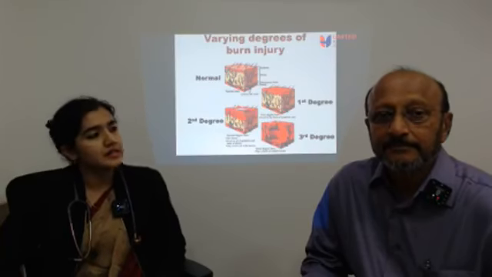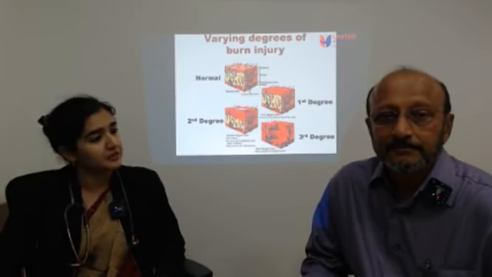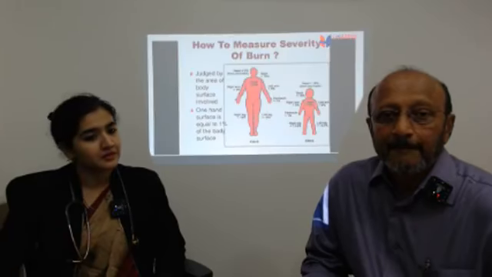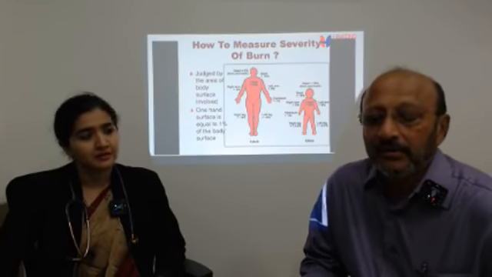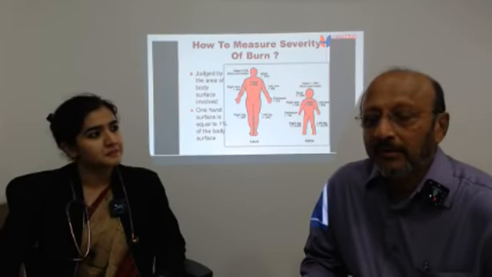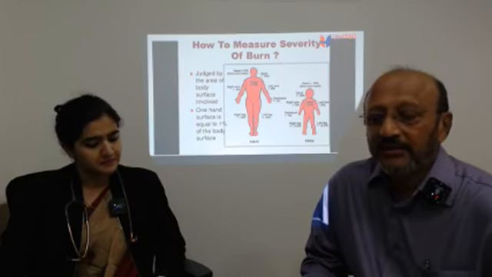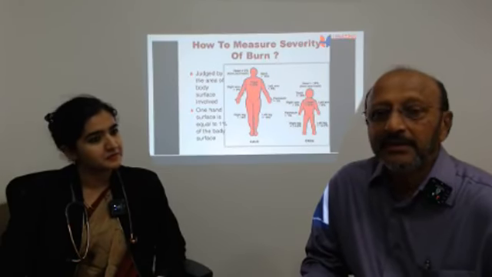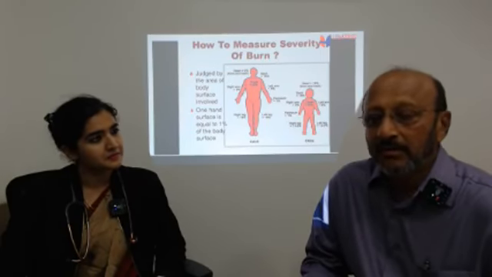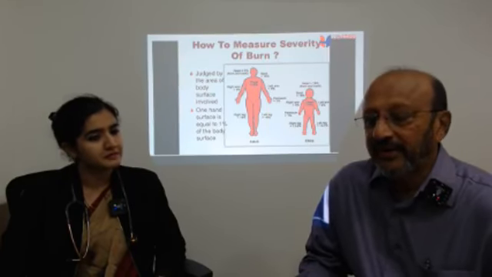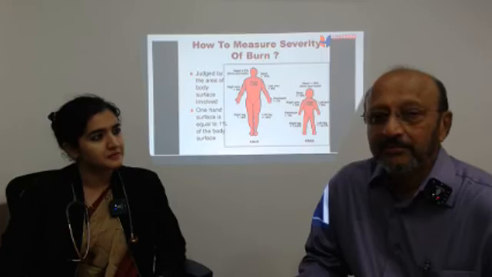What is the first thing one should do after they get burns, sir? Now, that depends on what type of burn they are. If it is a flame burn, they should immediately put clean water for 2 minutes so that they extinguish the fire, reduce the pain of the victim, and reduce the extent of the burn.